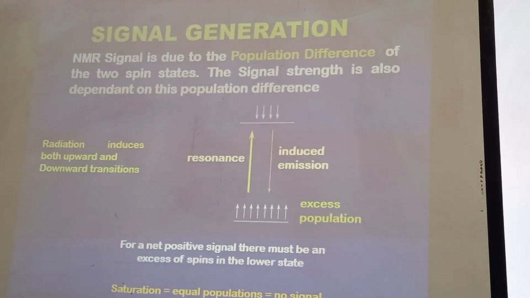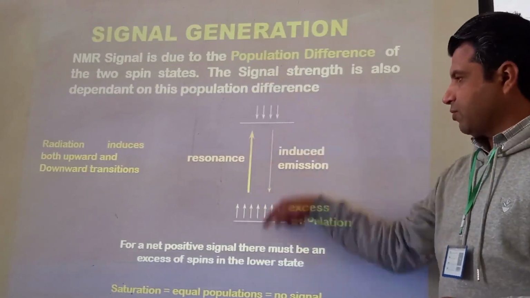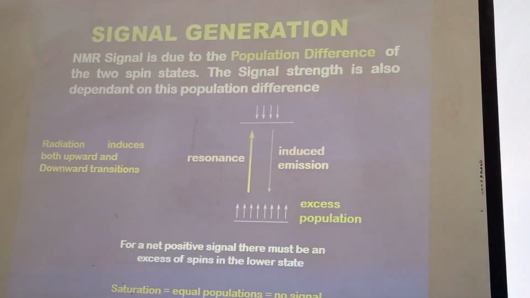So for a net positive signal, you must have some excess of nuclei in the alpha state. And how does that happen? We have these two states right here, the alpha and beta states. Originally, some of these nuclei would be in alpha, others in beta state when you turn on the magnet.